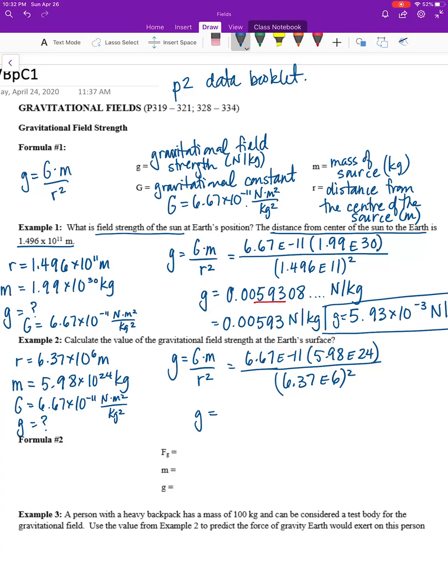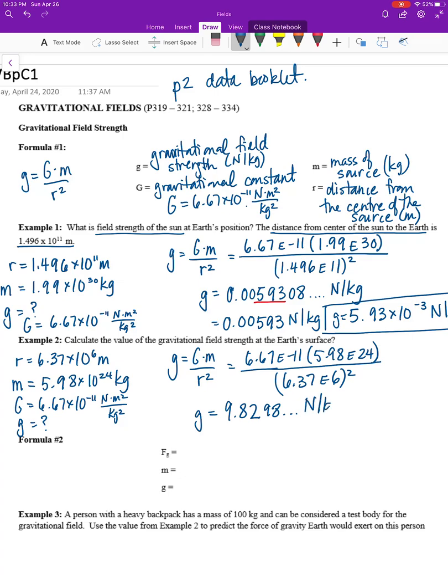So if we plug that into our calculator again, divide by 6.37 second function, comma 6, and we're going to square that. We are going to get 9.8298, and it keeps going on.